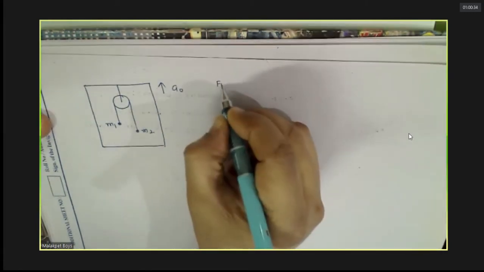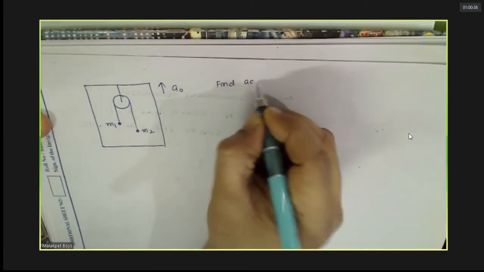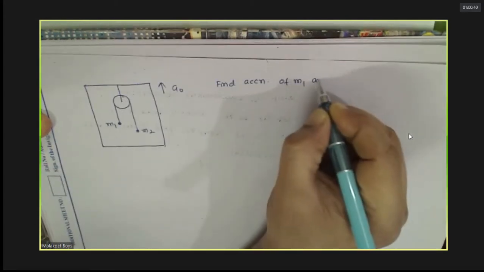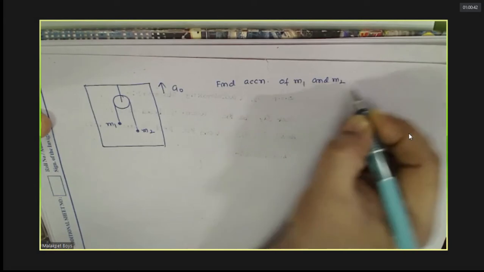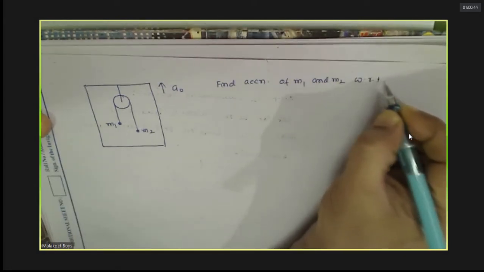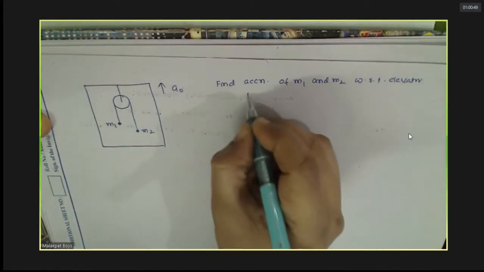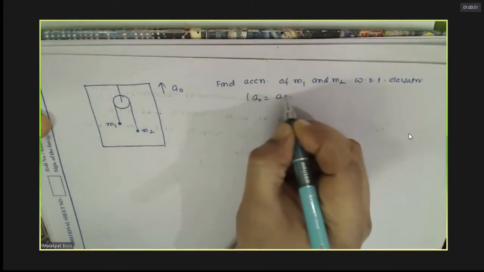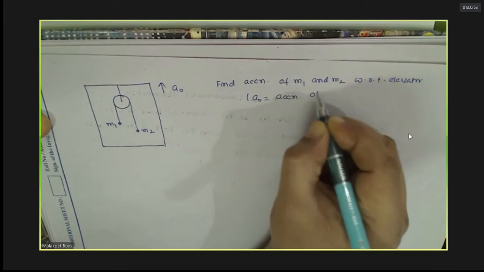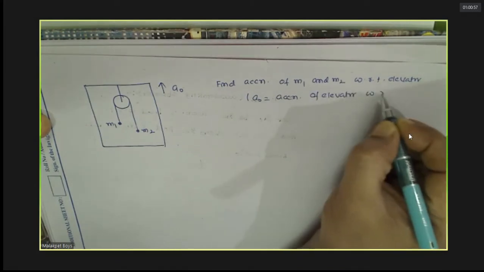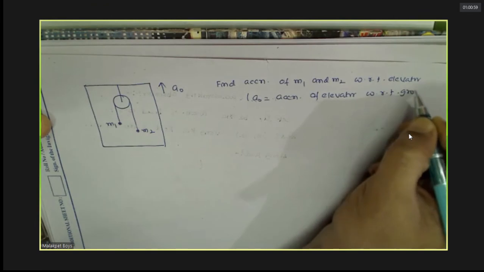Find the acceleration with respect to elevator. Okay. A naught is the acceleration of the elevator with respect to ground. Do you agree with this?